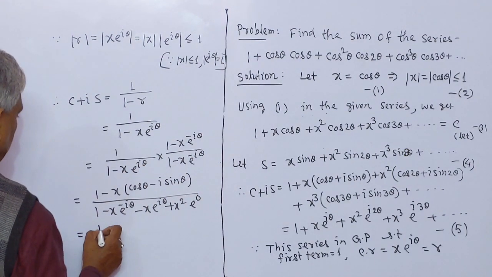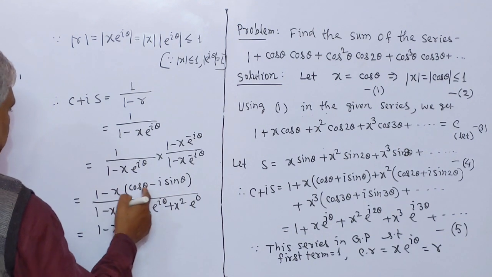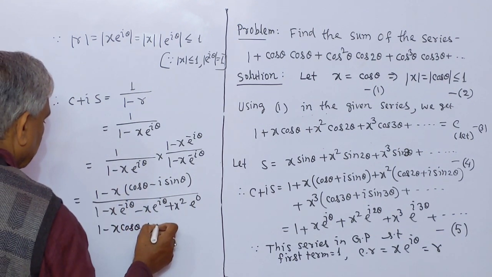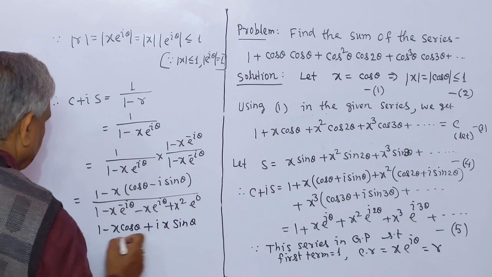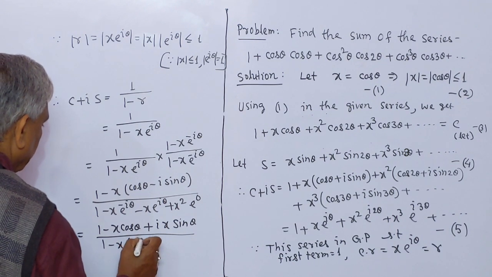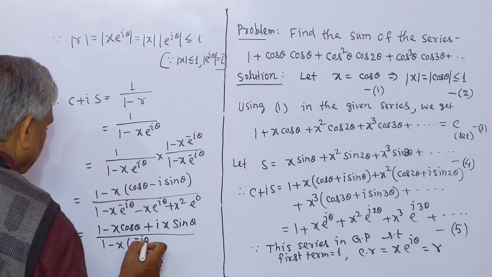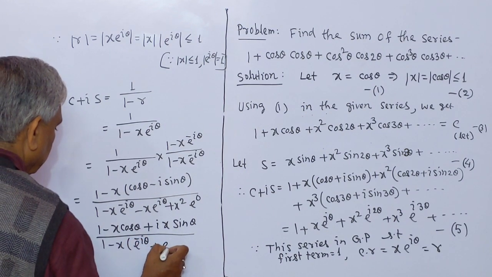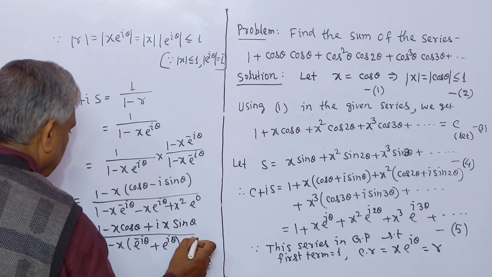This equals 1 minus x cos theta plus i x sin theta. Here 1 minus x common, e to the power i theta plus e to the power minus i theta, plus x square.